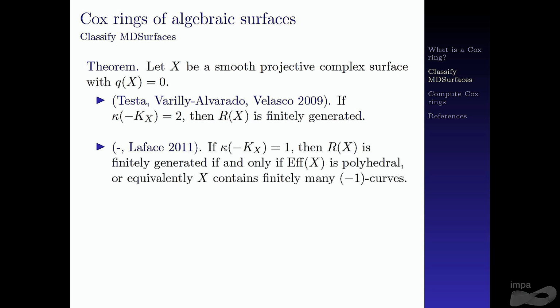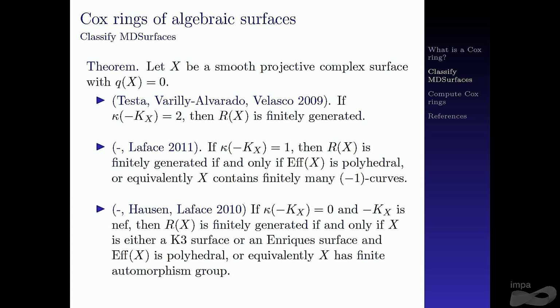Inspired by this beautiful theorem, with Antonio in 2011, we proved that if the invariant is 1, then the Cox ring is finitely generated if and only if the effective cone is polyhedral, so the first obstruction survives, or equivalently if X contains finitely many -1 curves. Actually, we have an even more explicit criterion, which is that the lattice generated by classes of -2 curves has, let's say, codimension 1 in the divisor class group.